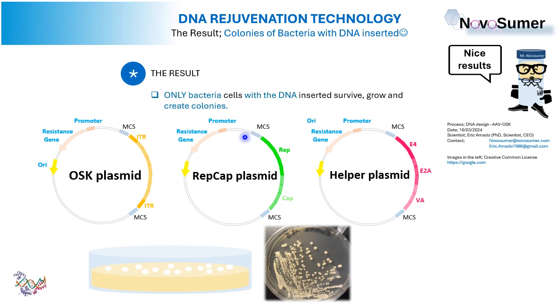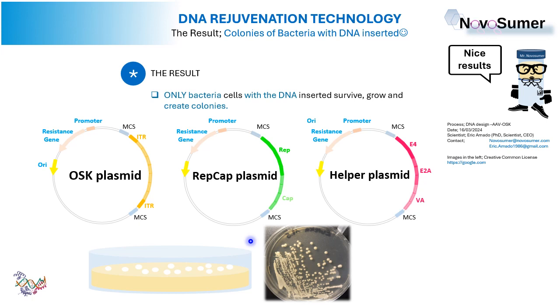It's telling us that there were bacteria with the DNA, but there were also bacteria without the DNA, because the performance of the process is not 100%. So only bacteria with the DNA are able to grow. Only the bacteria with the DNA insert grow.